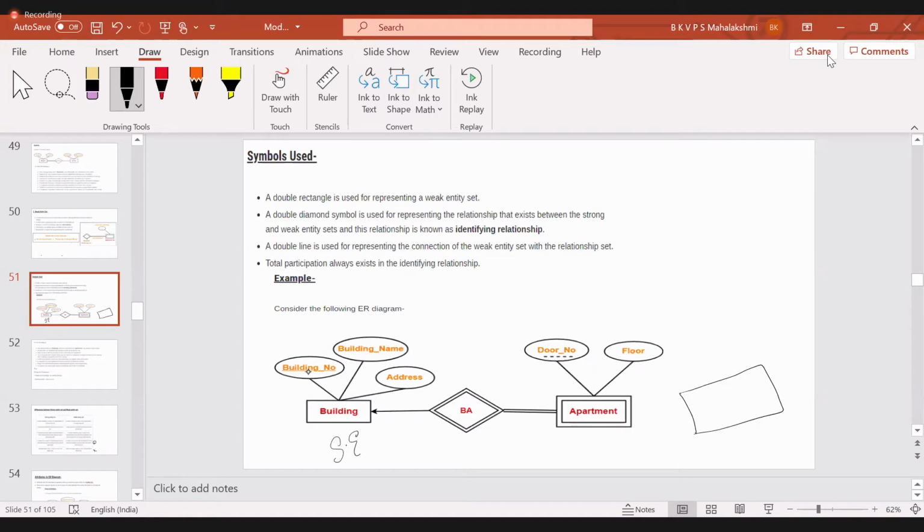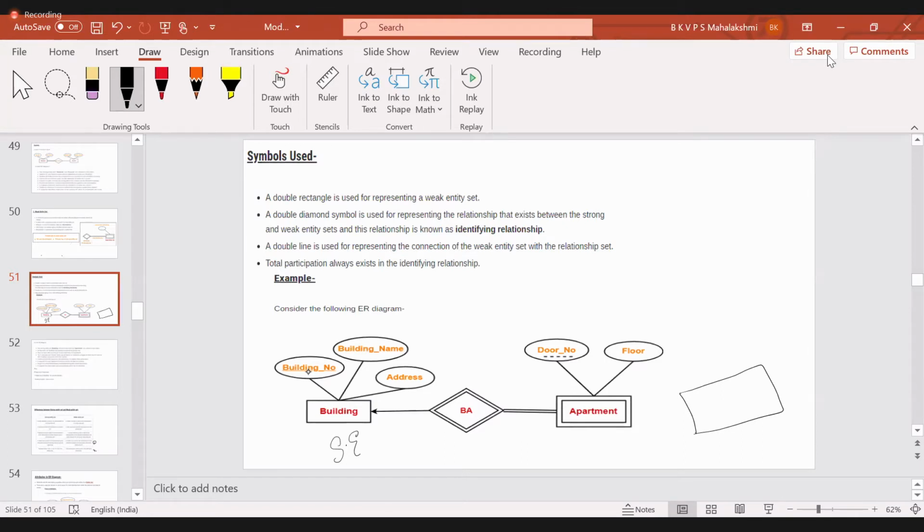Maybe the door number is the same floor-wise. Maybe on the first floor the door number is 1, and maybe on the second floor again the door number is 1. Like that. And for a building, maybe many apartments will be there. So you cannot make any of these two a complete key.